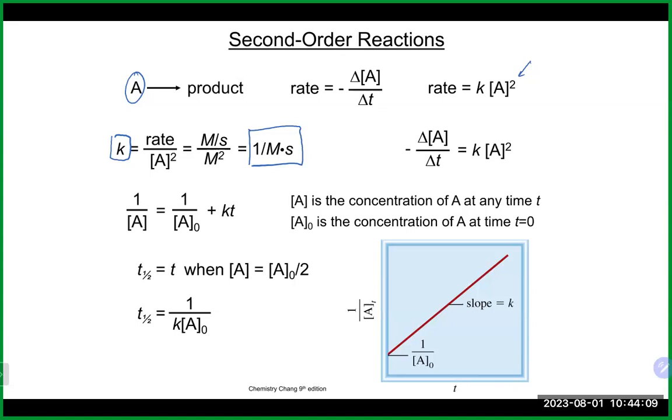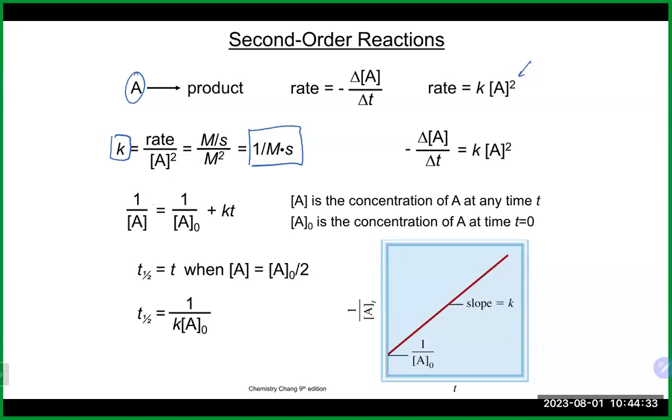Frankly, you could count the units and it will tell you the order. So 1 over seconds is like 1 unit. 1 over molar seconds is like 2 letters, so that's second order. And 1 over molar squared seconds is like 3, which is third. Not in all cases, but it's a way you could figure it out.